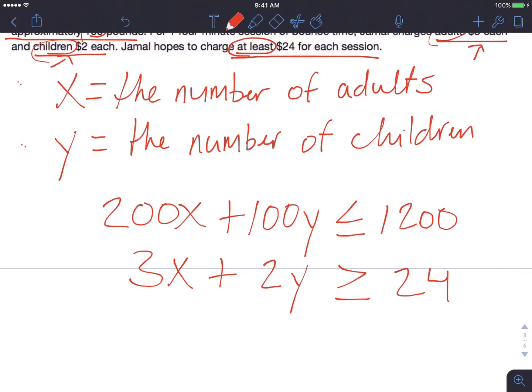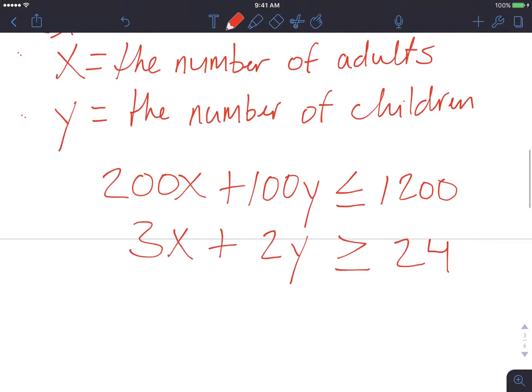Now, why is the sign different? Because it's $3 times every single adult. So there's one adult, 3 times 1. 2 adults, 3 times 2. 5 adults, 3 times 5. Plus the number of children. So here he wants it to be greater than or equal to $24 each session. That's why this has to be greater than or equal to 24, because he wants to make at least that much.